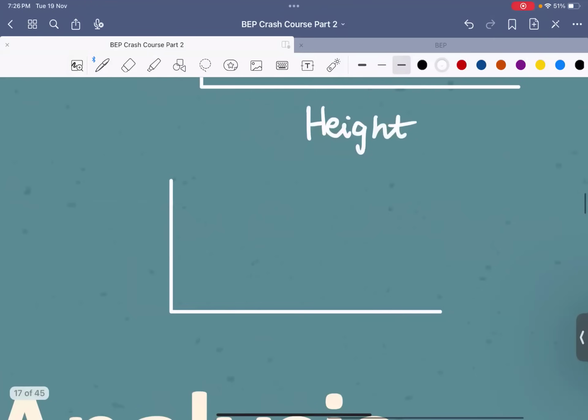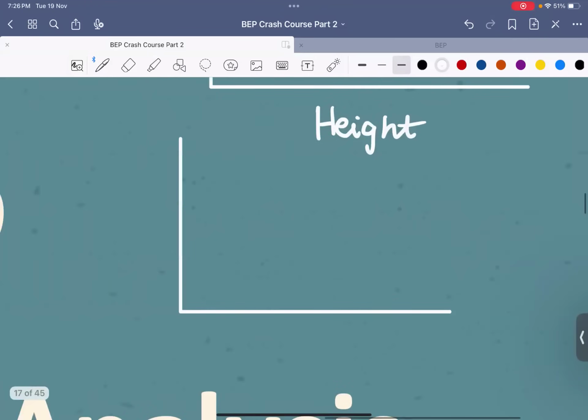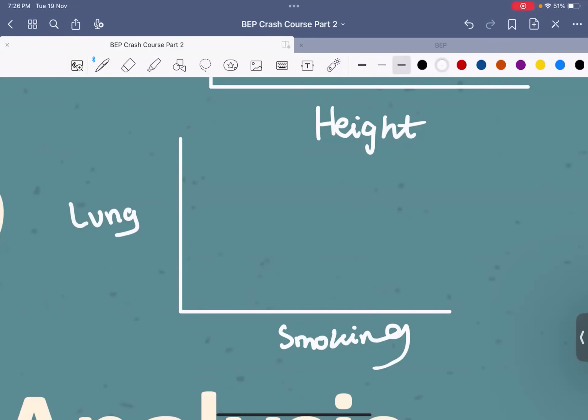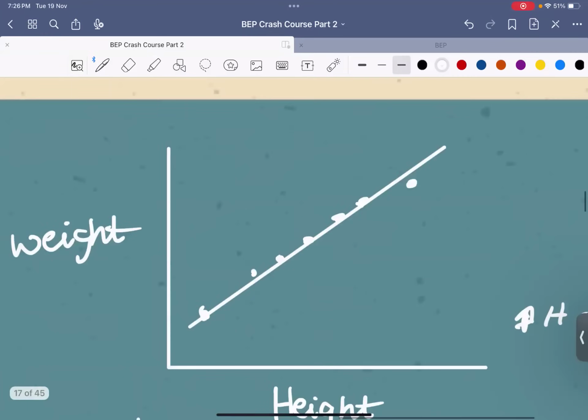For example, let's say we want to compare smoking and lung cancer. We put smoking here. It doesn't matter what we put on the X and what we put on the Y. If we plot all the points, it's going to look something like this, and this is called a scatter plot, because in real life you'll never have a straight line of dots.